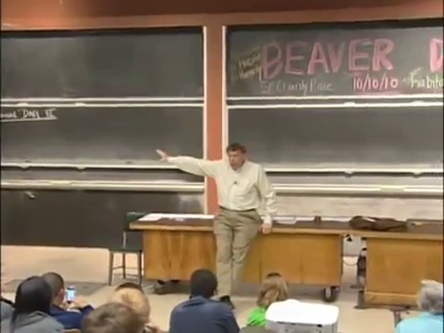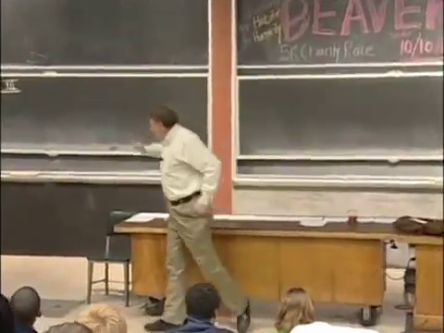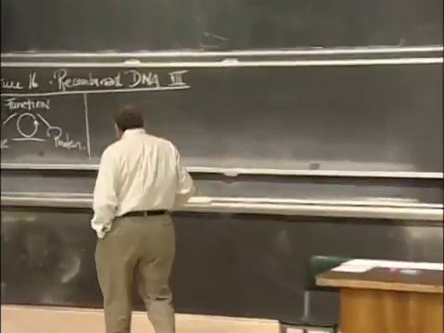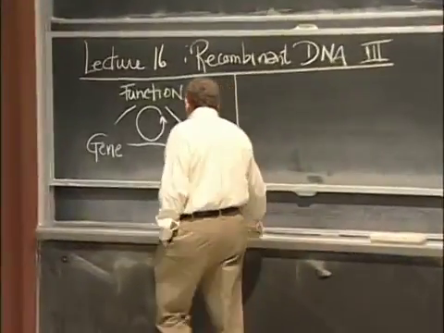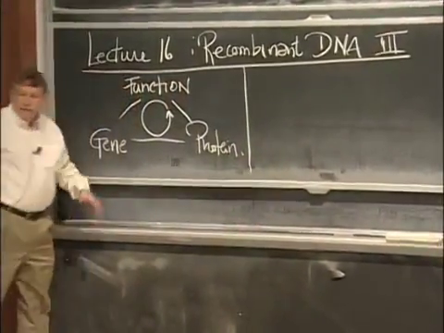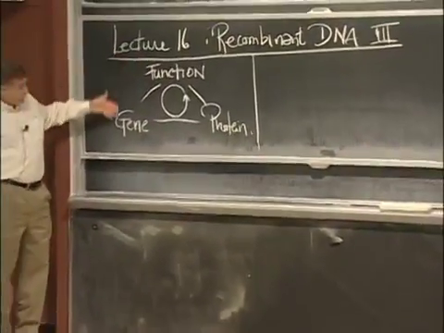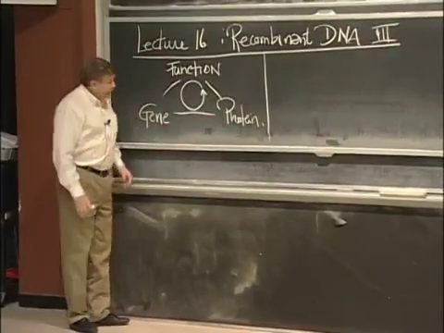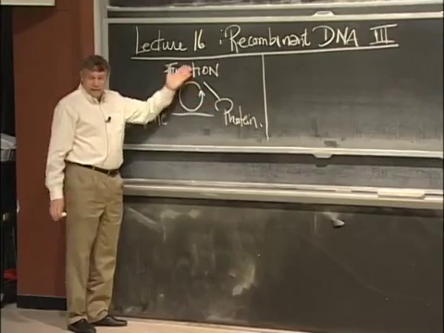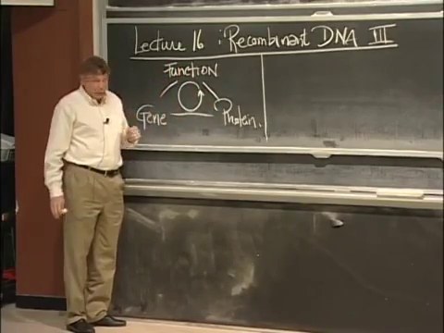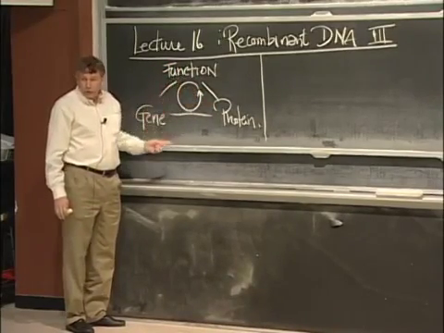So we've been talking about recombinant DNA, and really what it does to our picture here, function, gene, protein, is for the first time take something that's a theoretical relationship and make it operational.